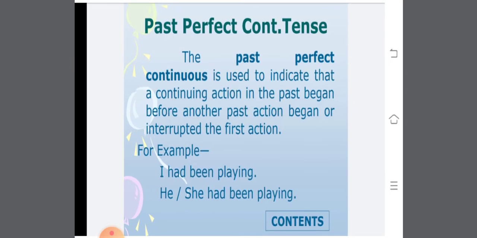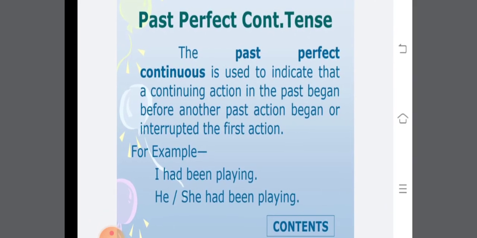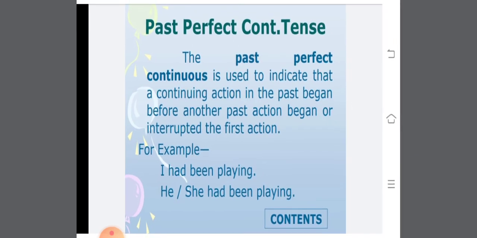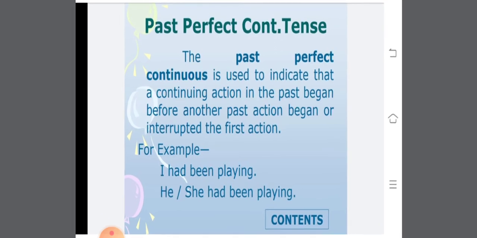The same thing that I told you earlier: when two actions happened in the past and one action had been continuing before another action, in that case this past perfect continuous will be used, right?